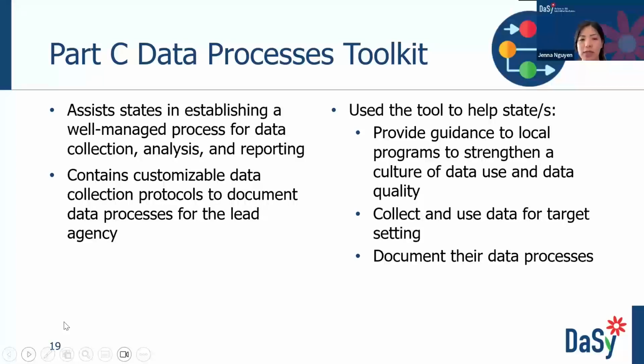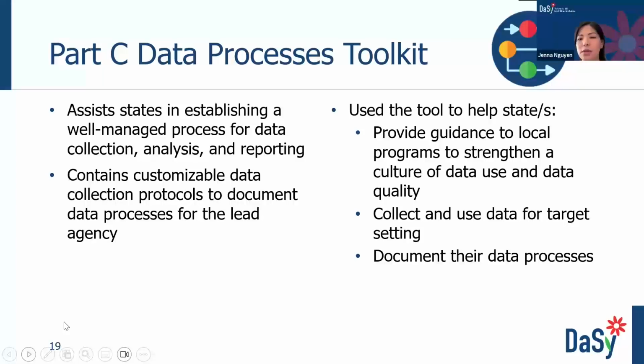That way you can see what are all the data processes at the lead agency, who does what, who's responsible for what, what are our processes and protocols. It's very helpful. The protocols have space for you to answer or add in your information and your processes, so that you can document all of these different things and have it in writing.